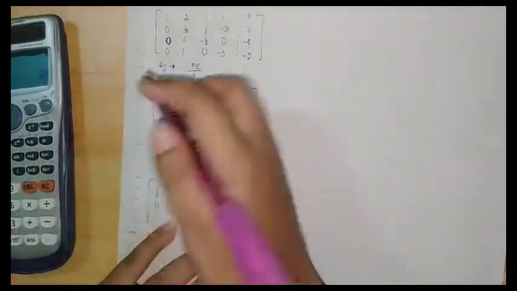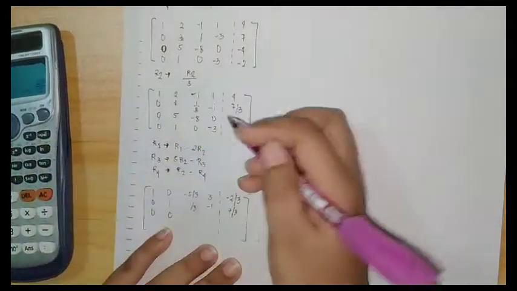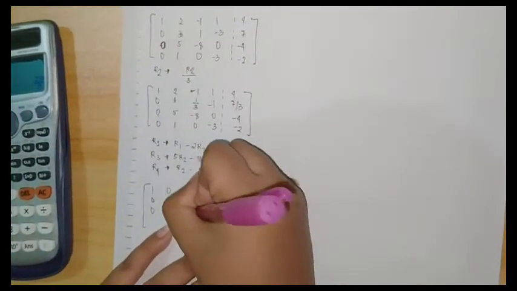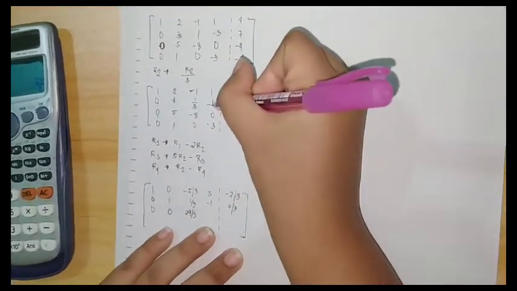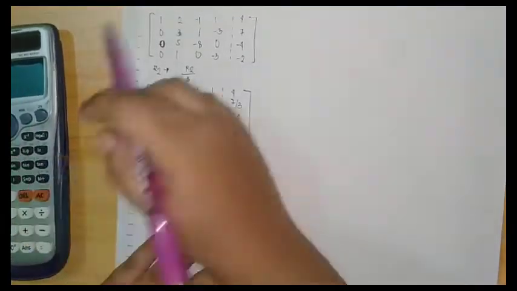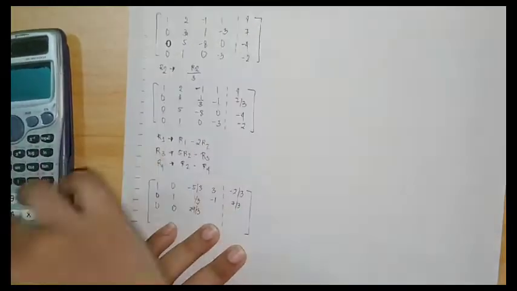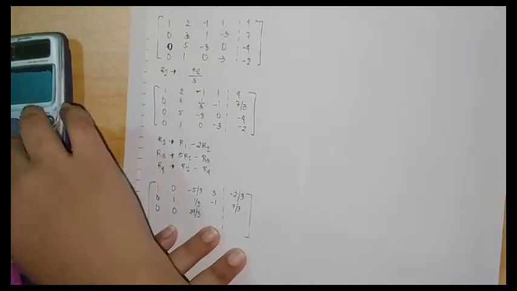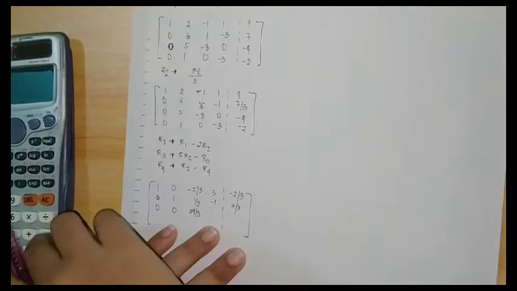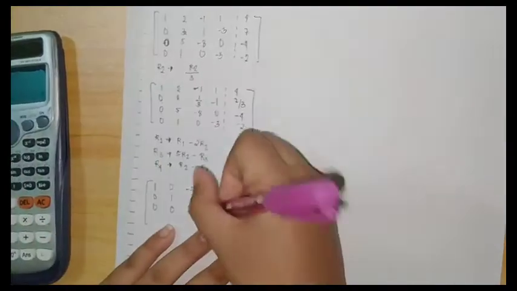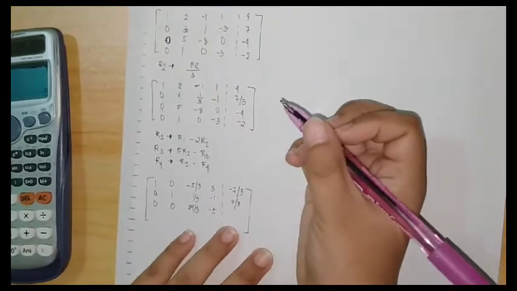So we have 29/3. So next, 5 times negative 1 minus R3, which is 0. We have negative 5.